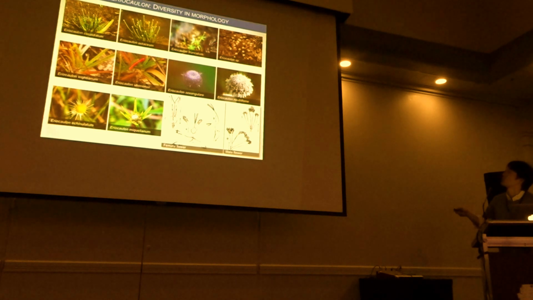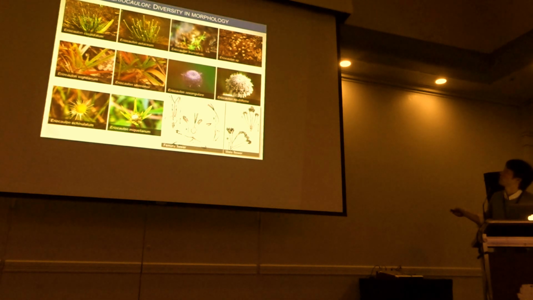This is another difference, and you can also see a difference in leaf morphology. This one has hairy leaves, but this one has glabrous, non-hairy leaves. In most cases, however, people use floral or inflorescence characters.